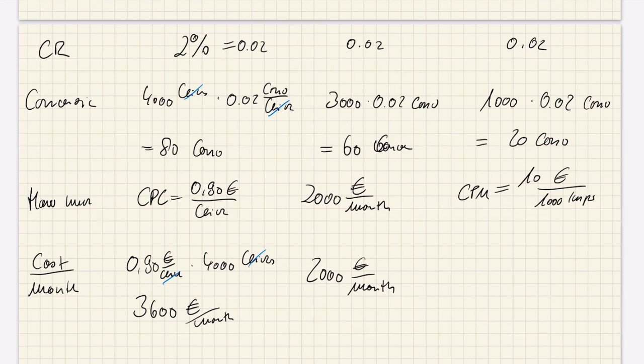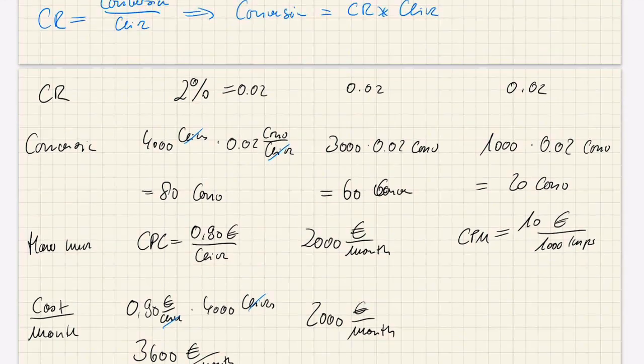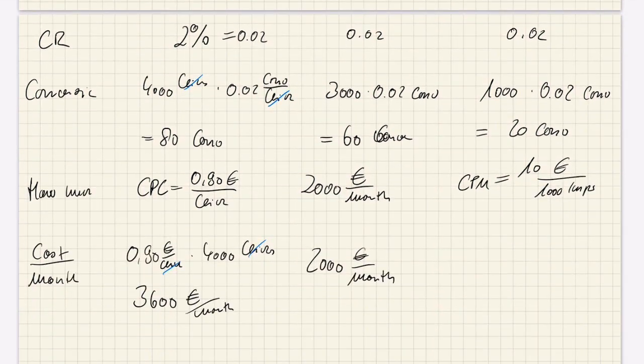In here we do have 333,333 impressions. So for the month we have 10 euro for 1,000 impressions times 333,333 impressions. We can simplify, put the impressions away, and then we can continue, and we do have 10 times 333.3.